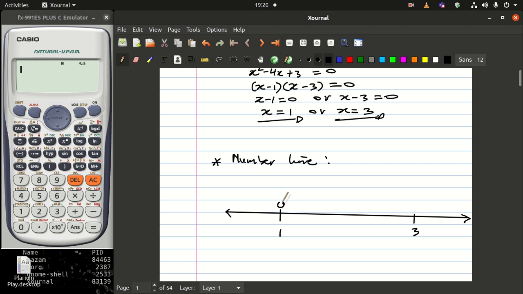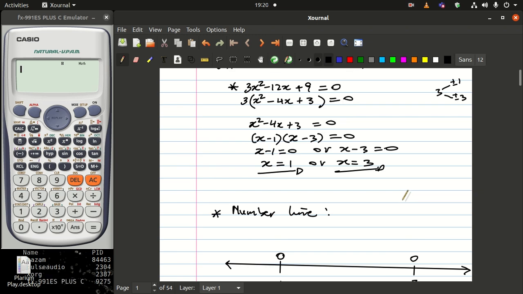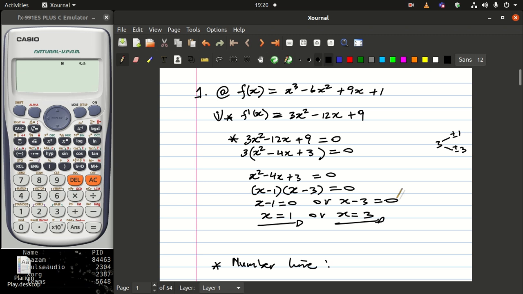So we put open holes there. If you don't place those holes, you're not going to be penalized, because the most important thing is that we just want to find out where it is positive and where it is negative.